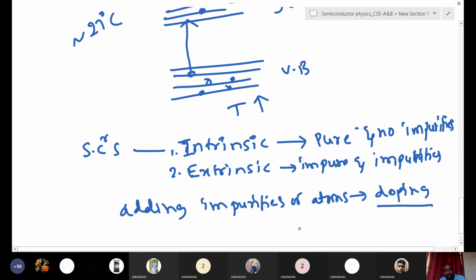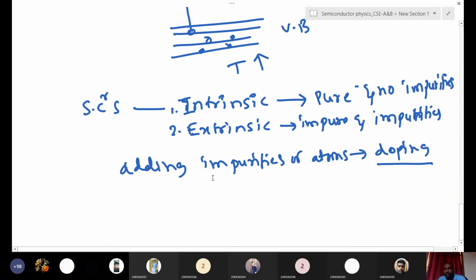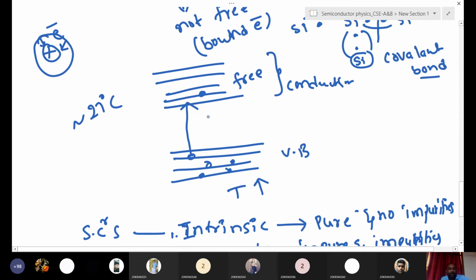So why do you need to add these impurities? What is the drawback of an intrinsic semiconductor? It has less conductivity. In an intrinsic semiconductor, we get conductivity by thermal energy only.